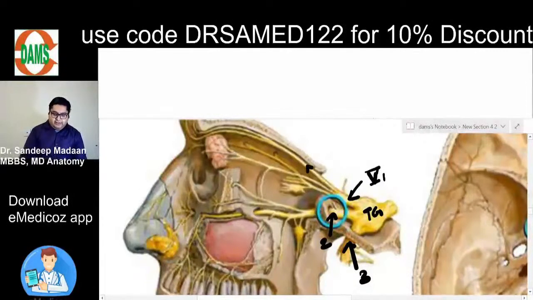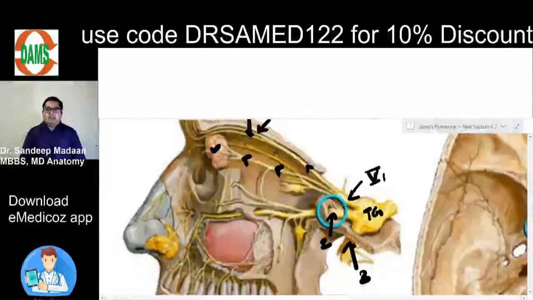This nerve is the frontal, and we can see it is dividing into two branches, supratrochlear and supraorbital. We can also see this nerve going to a gland. What is this gland? The lacrimal gland. And what is this nerve?